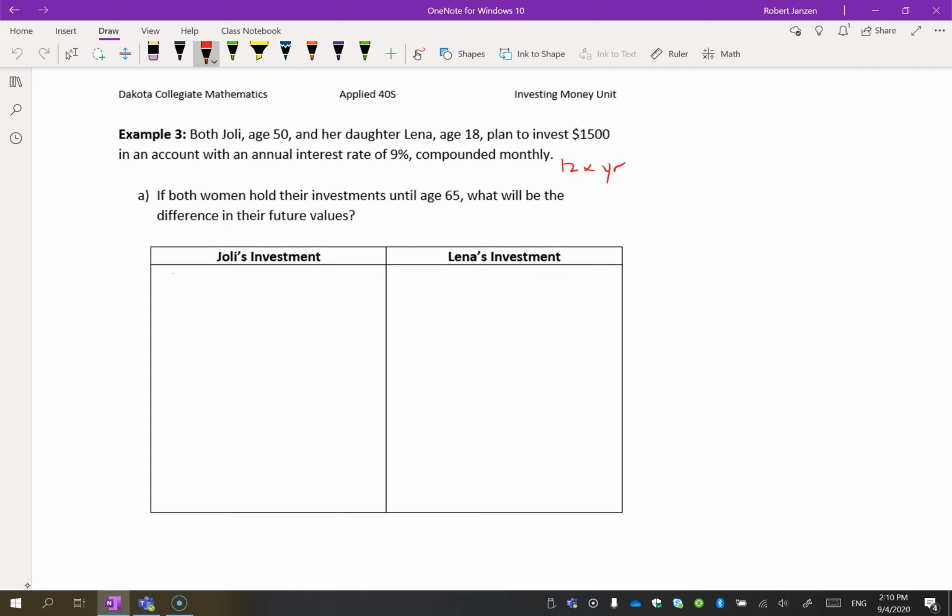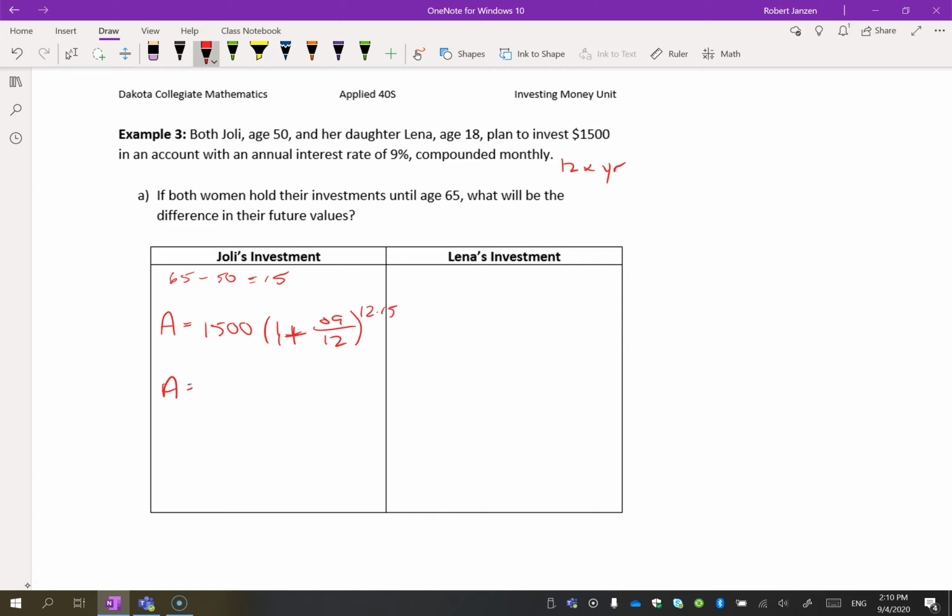Okay, so let's quickly do this. 65 take away 50. So this person's going to be investing for 15 years. So let's write that. The principal, 1,500, 1 plus 0.09, compounded monthly, so we got to put 12 here, and then 12 times 15.